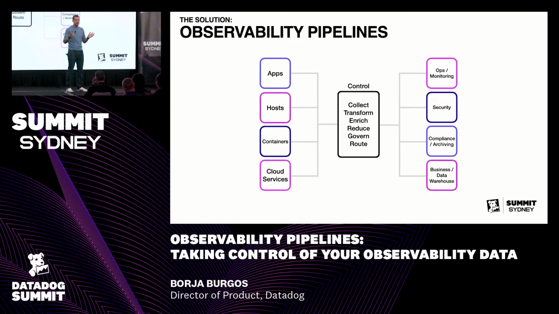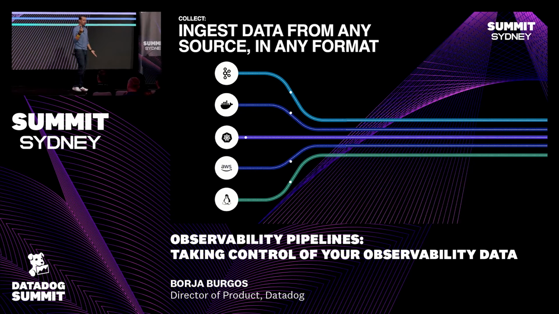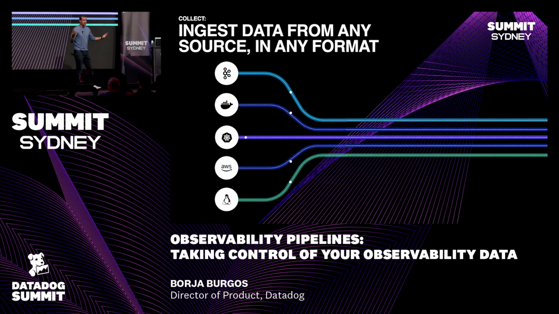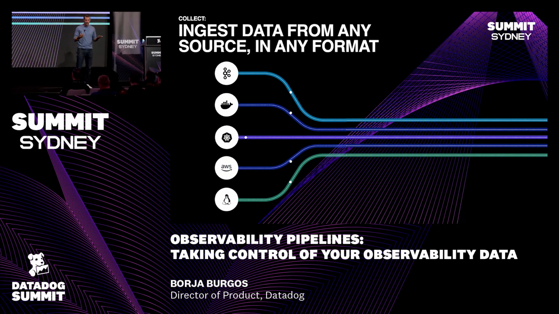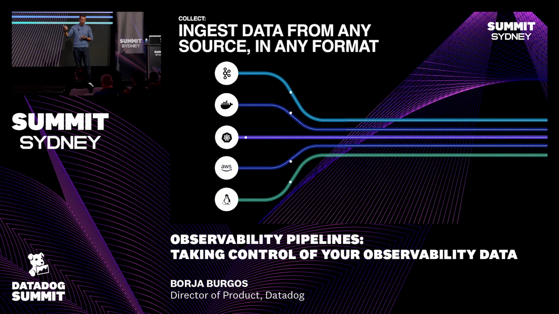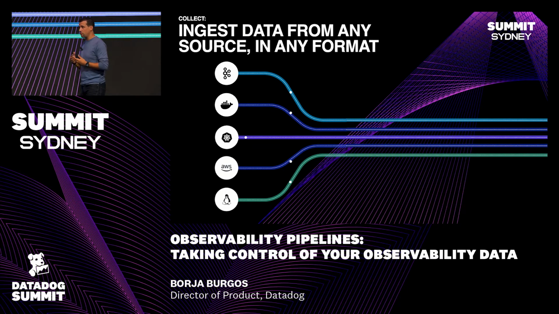So first and foremost, the first 3 are relatively straightforward. The collection. You need to choose observability pipeline technology that allows you to collect the data from where the data is being generated. Pretty straightforward. Today, that's going to be application logs, metrics, and traces, most likely from containerized environments, containers, your Kubernetes.